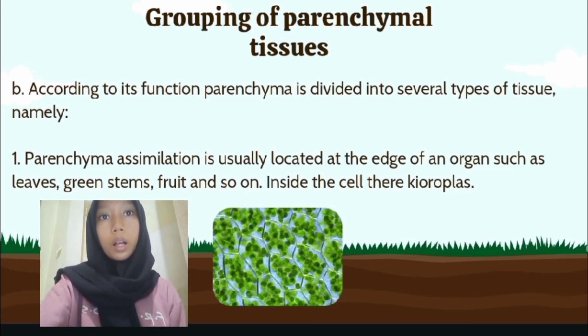Okay. According to its function, parenchyma is divided into several types of tissue. Namely, first, assimilation parenchyma, usually located at the edge of an organ such as leaf, green stem, fruit, and so on. Inside the cells, there are chloroplasts.